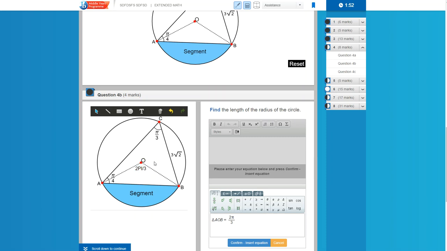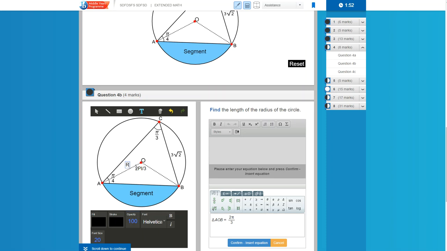What else? What did you talk about, Jaden? Cosine. Okay, the cosine rule. So how could I use the cosine rule? What is the cosine rule?